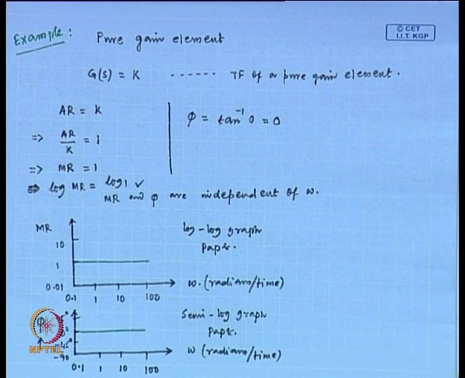Fine. It is obvious that both magnitude ratio and phi are independent of omega. So, this is the Bode plot for the pure gain element.